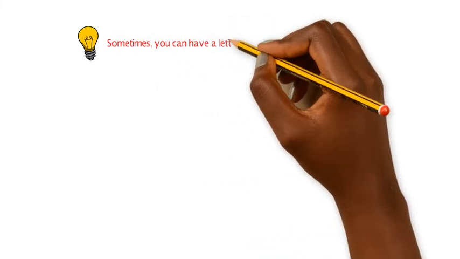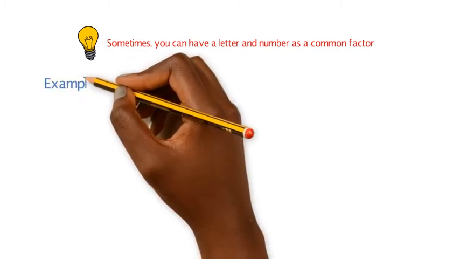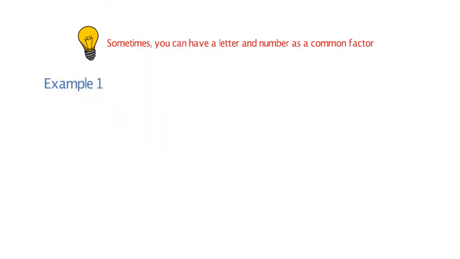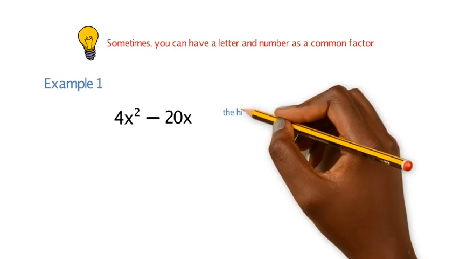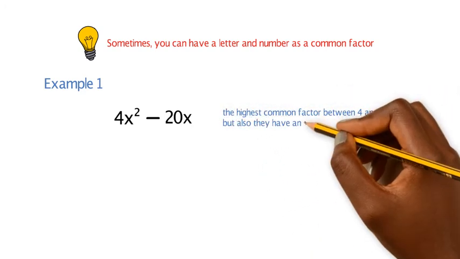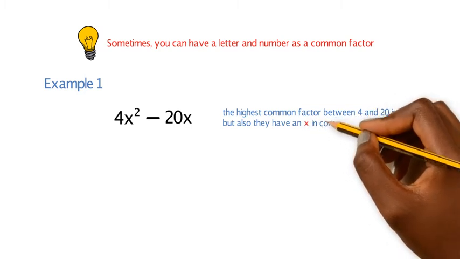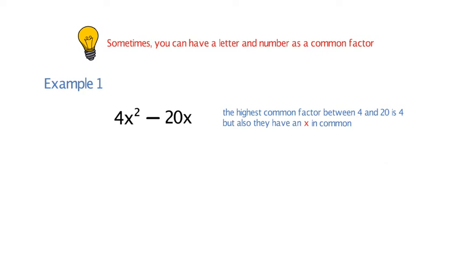So sometimes you may have a letter and a number as a common factor. So example 1. So if you have 4x squared minus 20x, the highest common factor between 4 and 20 is 4. But then because they also have an x in common, you're going to put 4x outside the brackets this time.